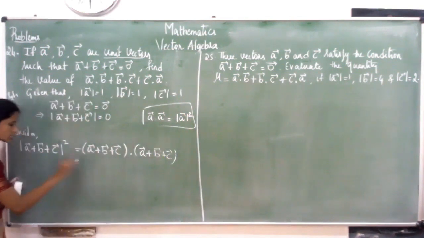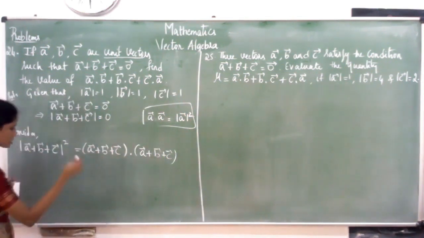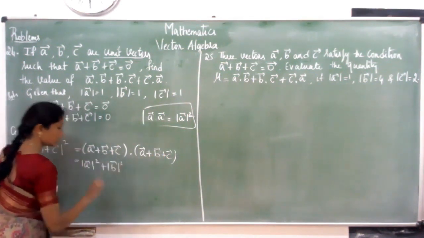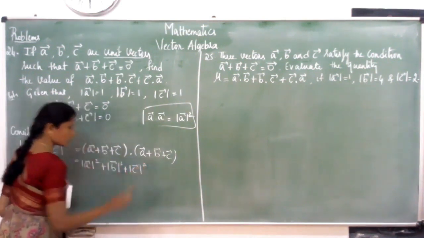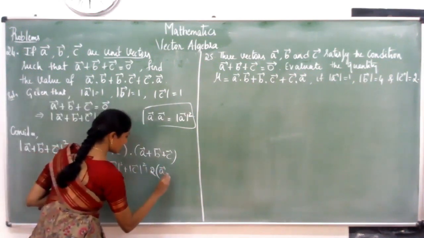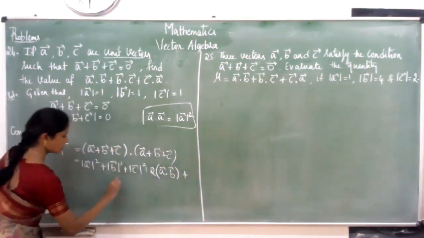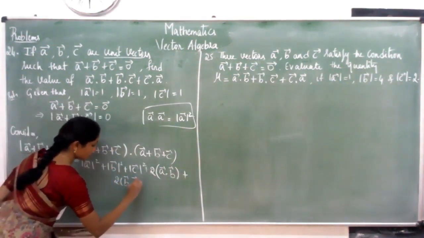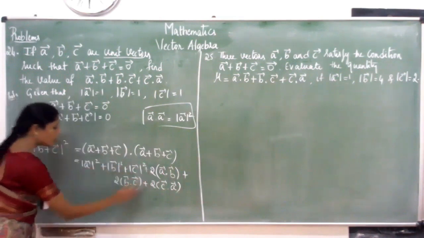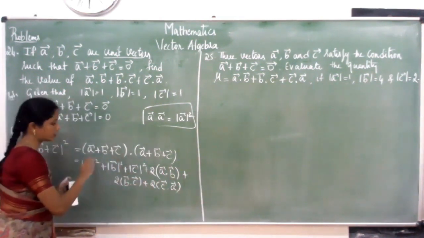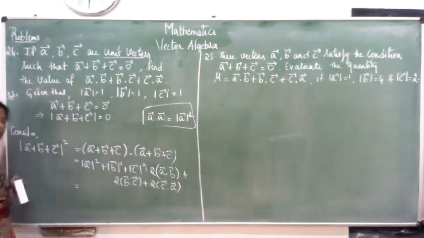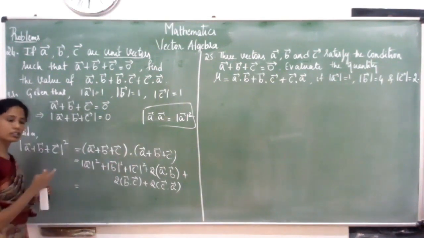Okay, so when you find the dot product between these two vectors, you get it as magnitude of vector A whole square plus magnitude of vector B whole square plus magnitude of vector C whole square plus 2 times vector A dot vector B plus 2 times vector B dot vector C plus 2 times vector C dot vector A. If you remember this directly, it is fine. You need not find the product of each term with each term. So you just remember this. So this is equal to. Now, let us start substituting the values.